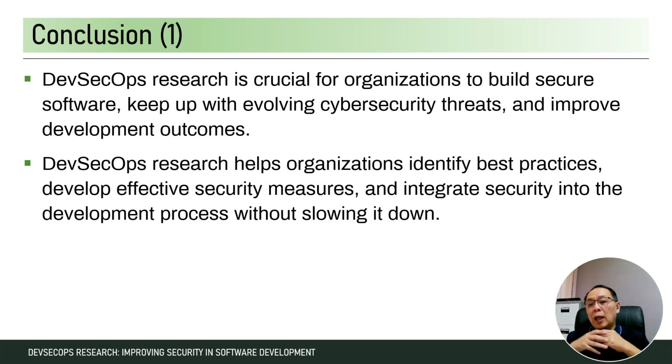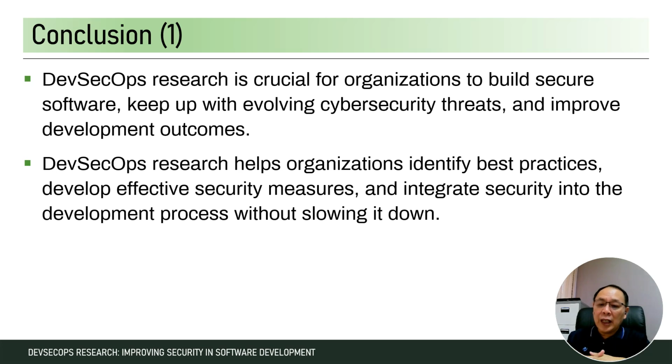So, in conclusion, we were already talking about the example research project, and the key areas in the DevSecOps research. We can conclude that the DevSecOps research is very crucial to build secure software, keep up with the evolving cybersecurity threats, and improve development outcomes.